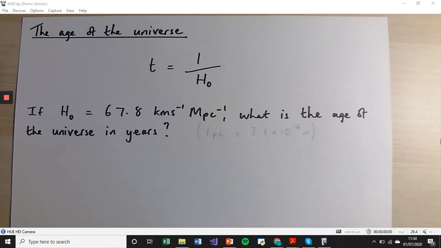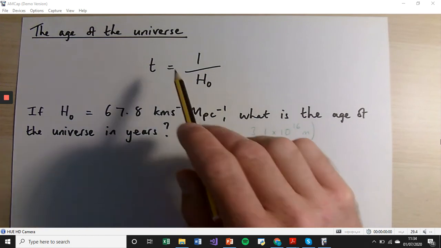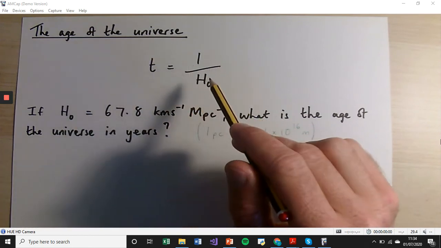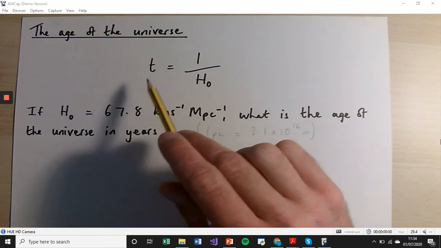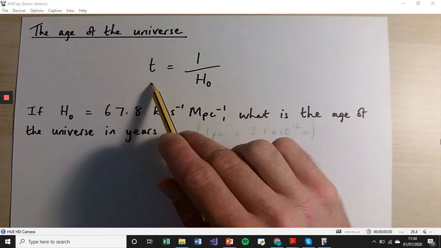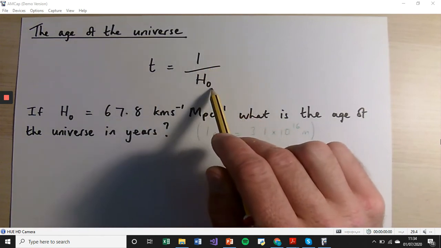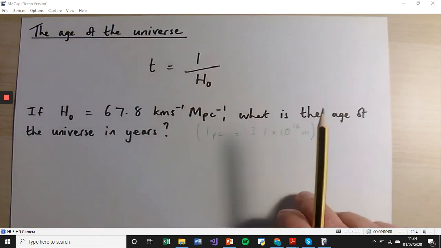That means we can rewrite Hubble's law like this. The age of the universe, the time it's taken for the galaxies to spread apart to where they are now, is equal to 1 over the Hubble constant.